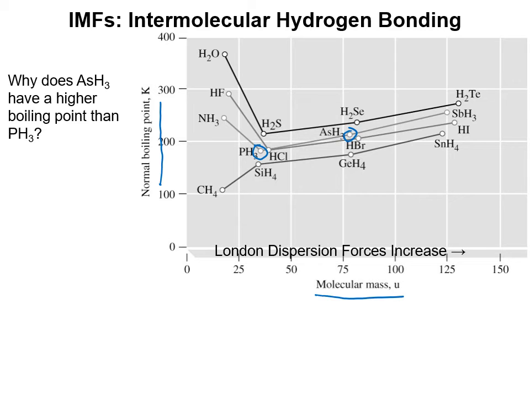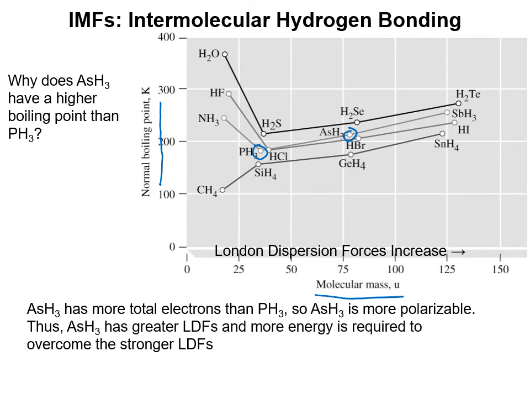Well, as we go across the molar mass, the London dispersion forces increase. So AsH3 has more total electrons than PH3, so AsH3 is more polarizable. This is a very important term. Thus, AsH3 has greater LDFs and more energy is required to overcome the stronger LDFs. So that's very clear cut, just the London dispersion forces.